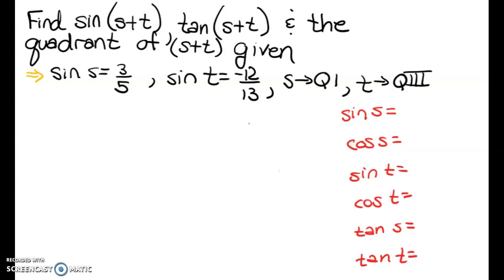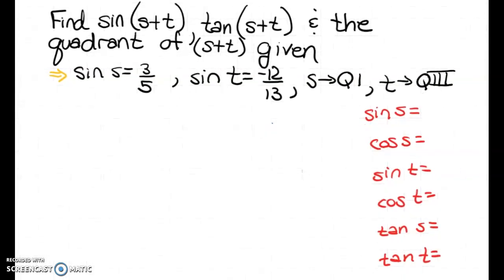So I'm going to start off by finding those values. They've already given me some of them. Sine of s is 3/5. Sine of t is negative 12/13. They didn't give me too many of them. I still have to find 4 of them.